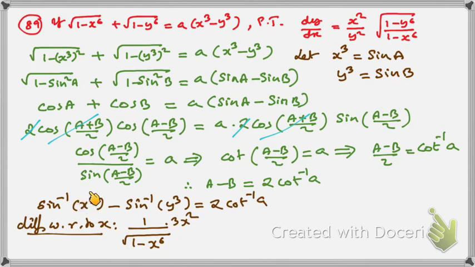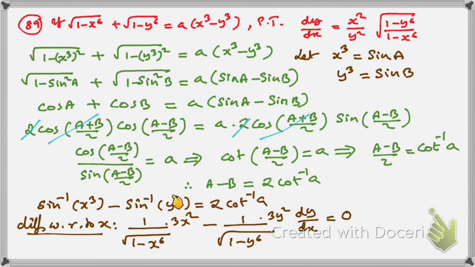So what's the derivative of sine inverse of x cubed? 1 by root of 1 minus x cubed the whole square, which makes it x raised to 6, into f dash of x, the derivative of x cubed, which is 3x square, minus the derivative of sine inverse of y cubed, which is 1 by root of 1 minus y cubed the whole square, y raised to 6, into f dash of x.